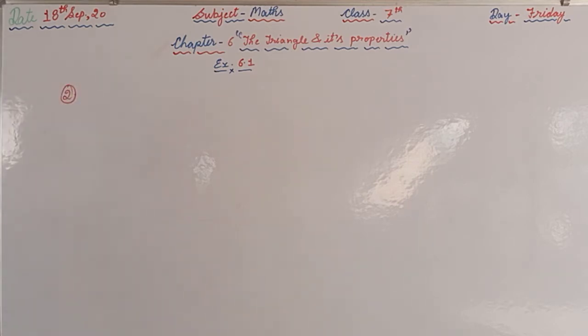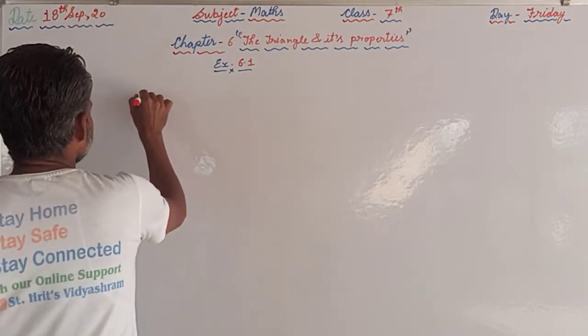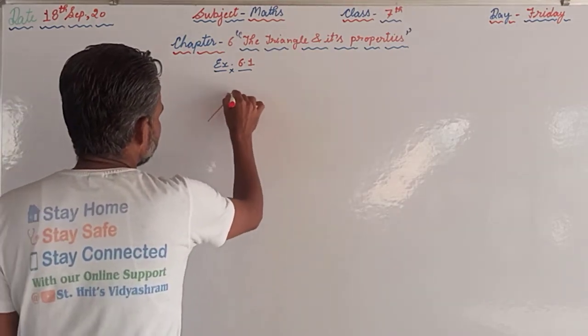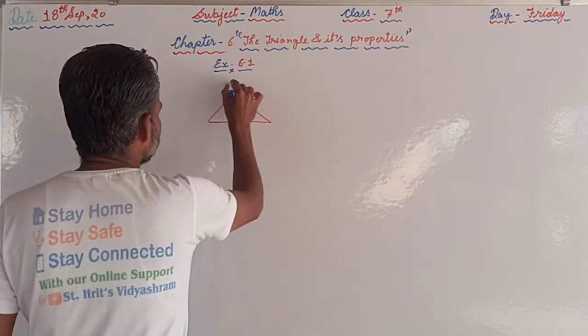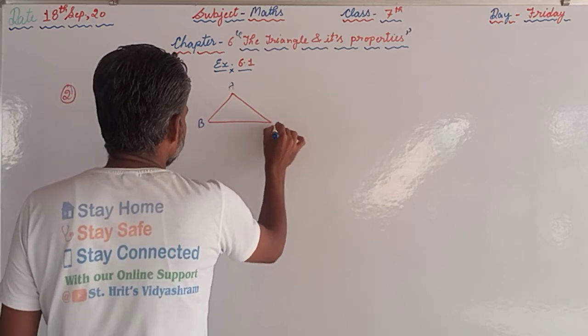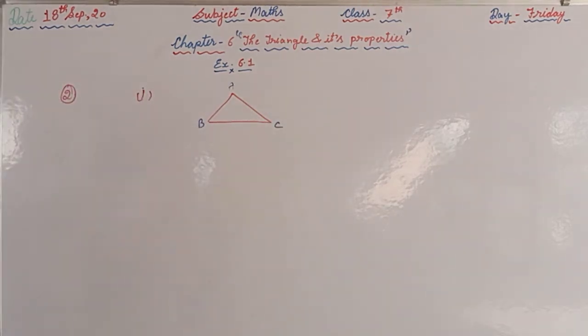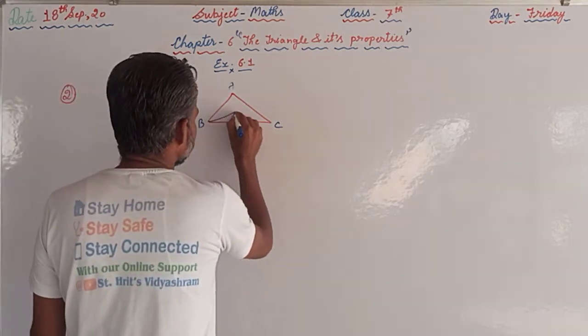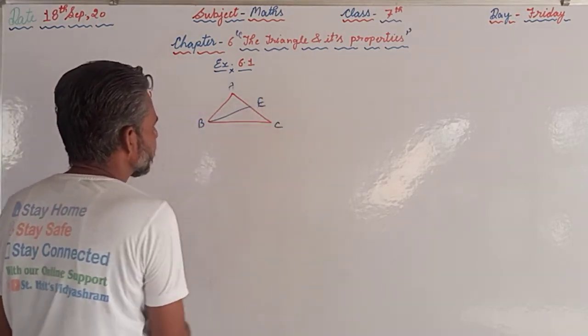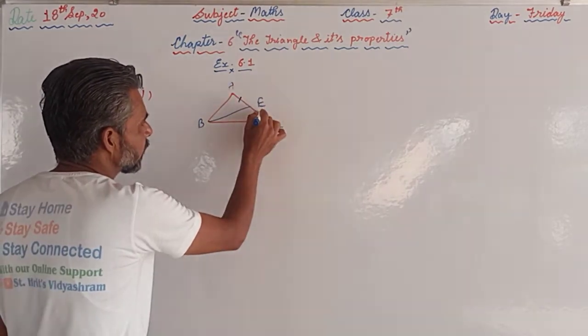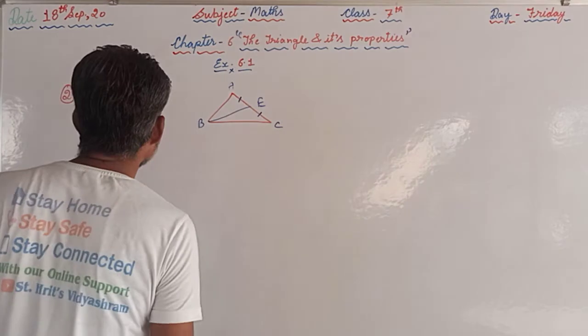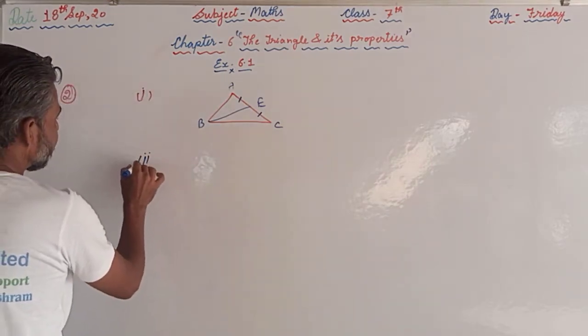In triangle ABC, BE is median. For the first part, triangle ABC, in which BE is median. BE will be median if AE equals to EC. So that will be the rough sketch according to the information given in the question.